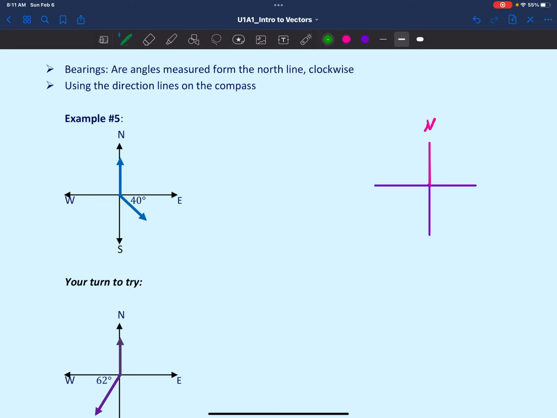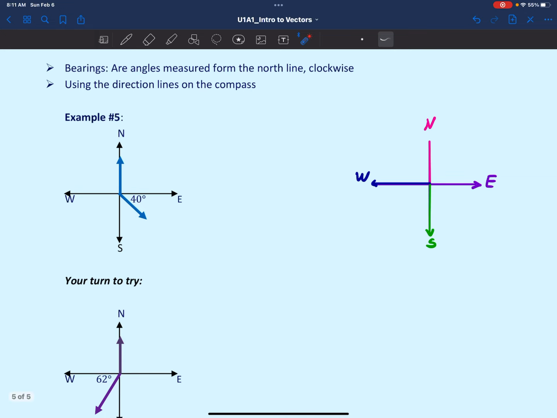And here is the south line. And here goes the east. And last but not least, we have the west. So we use the compass in order to describe the bearings.